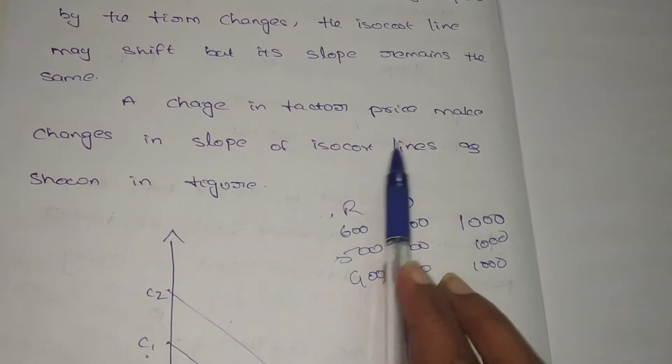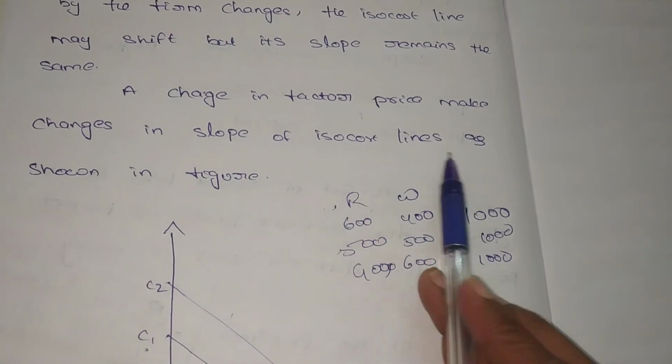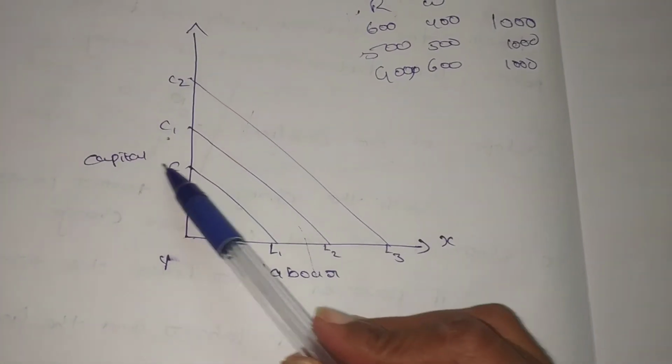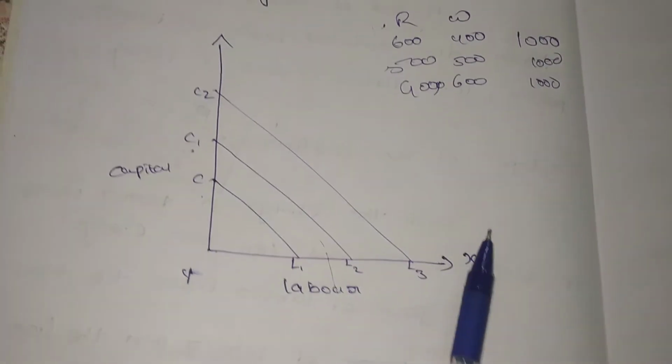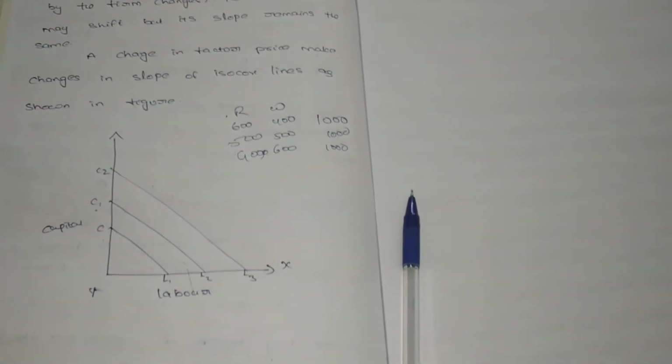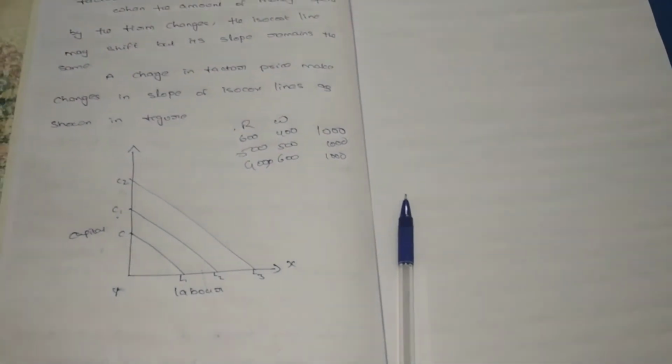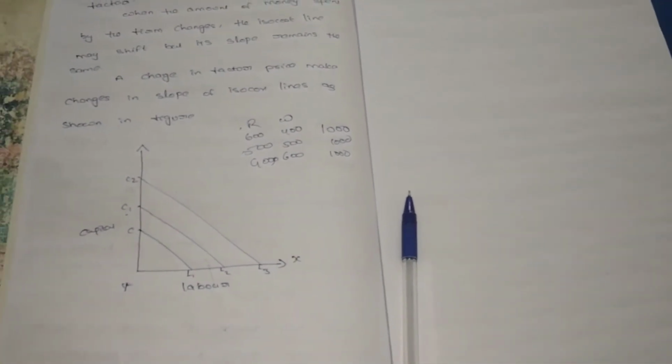A change in factor price results in a change in the slope of the isocost line, as shown in the figure. Let's see, this is labor and capital, and it will look like that. Isocost defines the exact prices. Here also the output is the same, but we have to divide it based on our necessity.